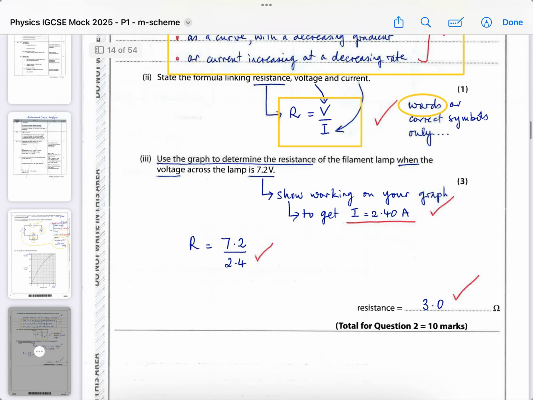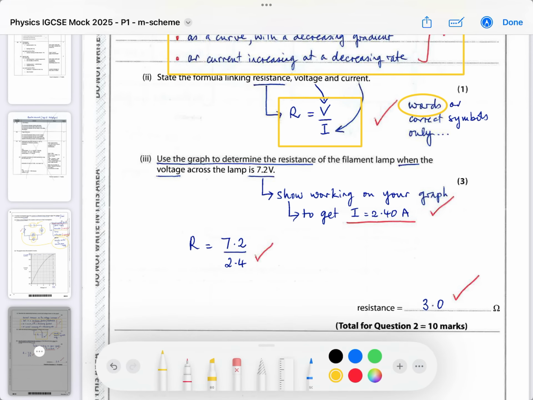It then says use the graph, which we looked at before, to determine the resistance of the filament lamp when the voltage across the lamp is 7.2 volts. So you need to show this the way I did on your graph at 7.2 volts to show that the current is 2.40 amps.